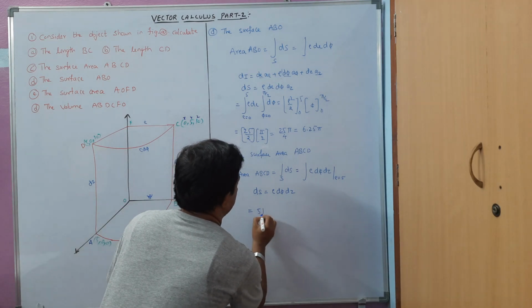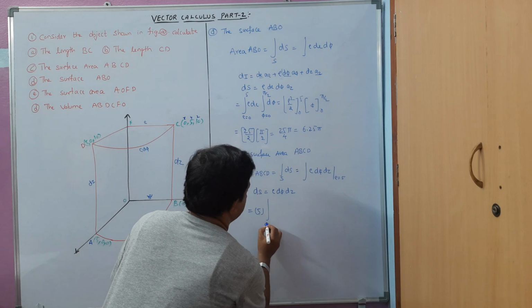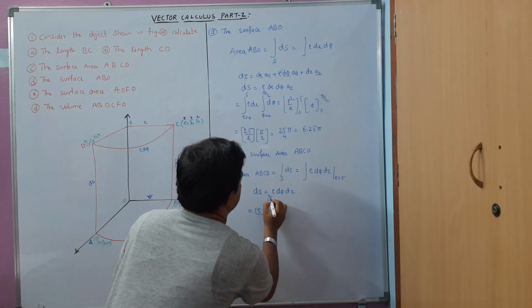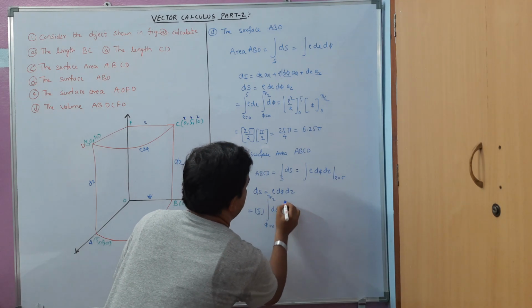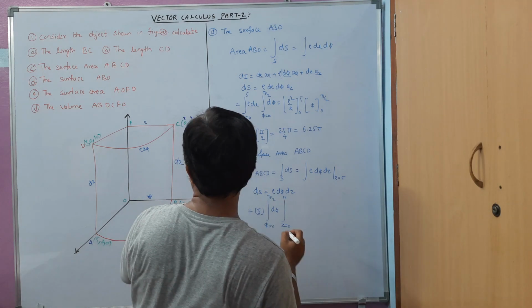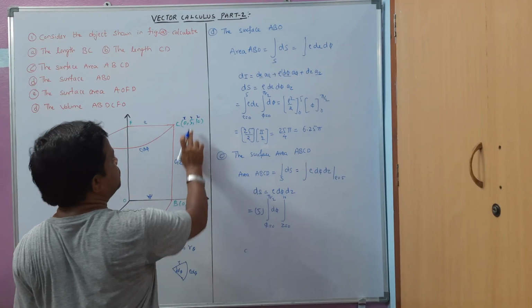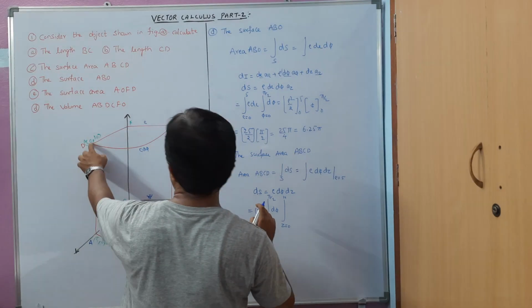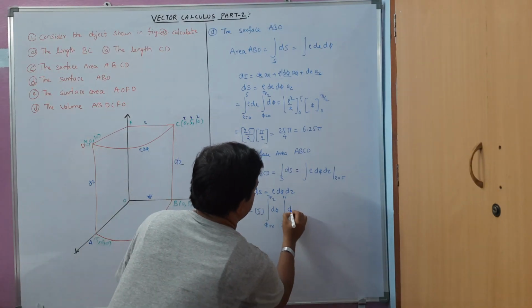So 5 into d phi, with phi varying from 0 to pi by 2, and z varying from 0 to 10. You can see the value of z varies from 0 to 10, here also 0 to 10. That is dz.